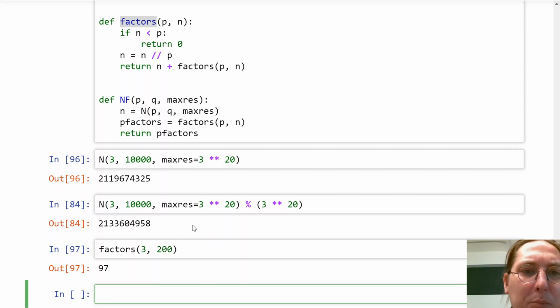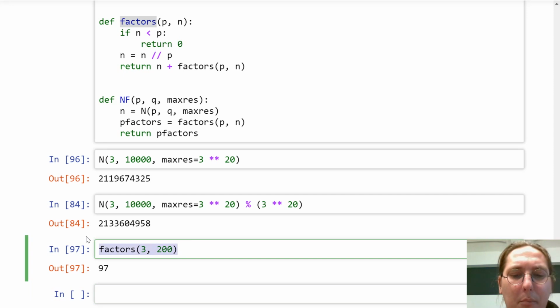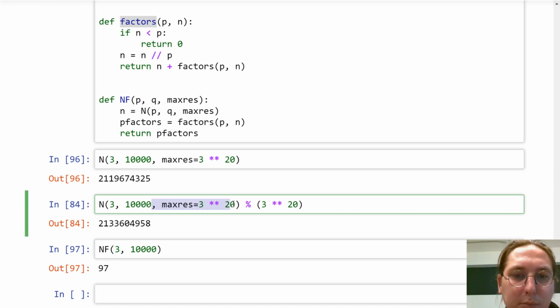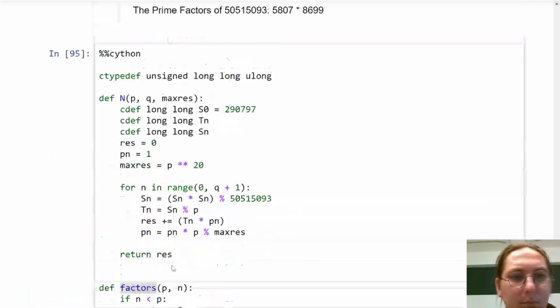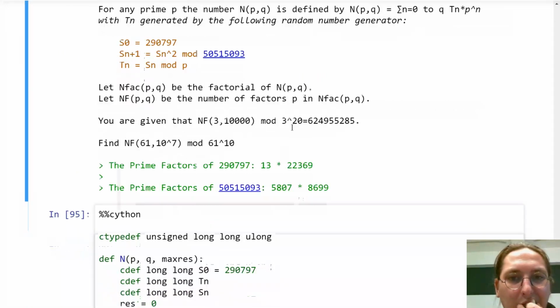And now do the whole thing with that time. You have it there. Now you can do the NF. Give it a try. That's not the right number.